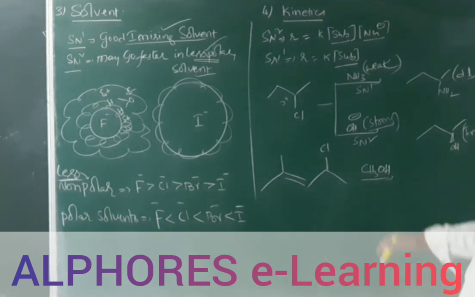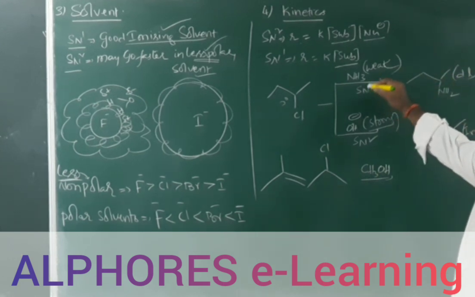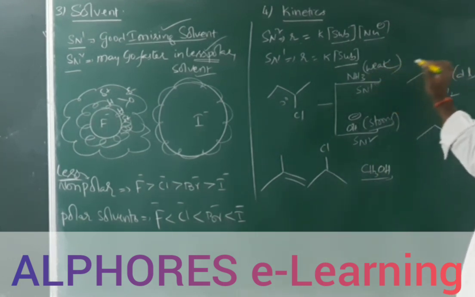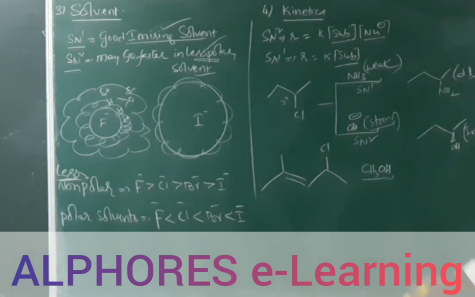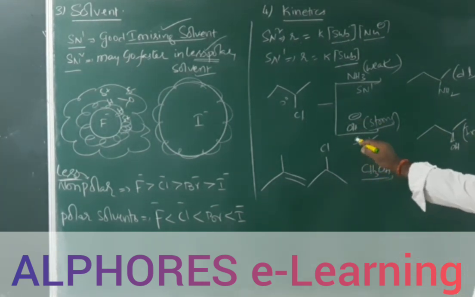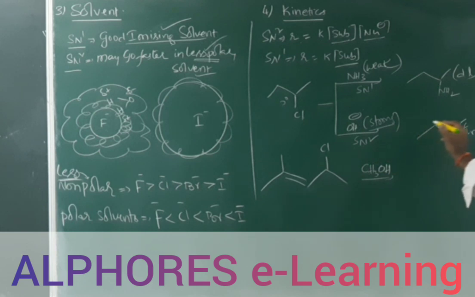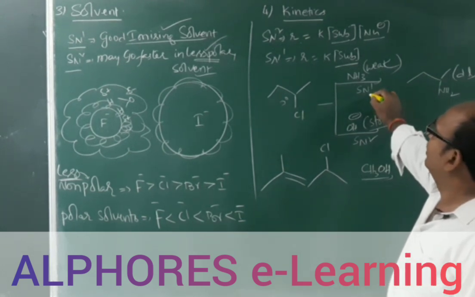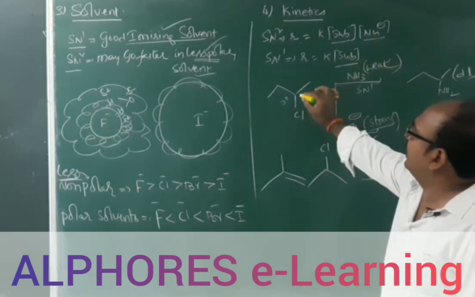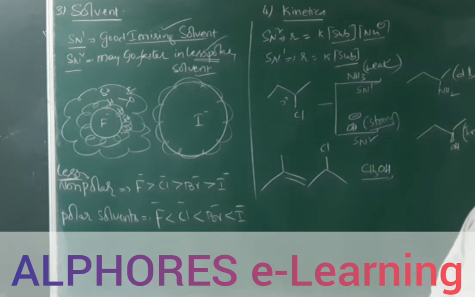So in this case, with ammonia, SN1 is the kinetic product. In this case, OH minus follows SN2, and the kinetic product is the inversion product. Now if there is any possibility of rearrangement or ring expansion in SN1, it requires some heat energy.